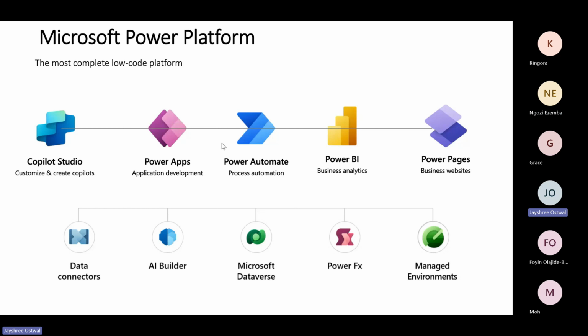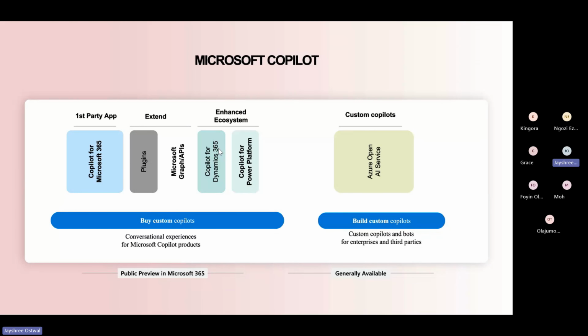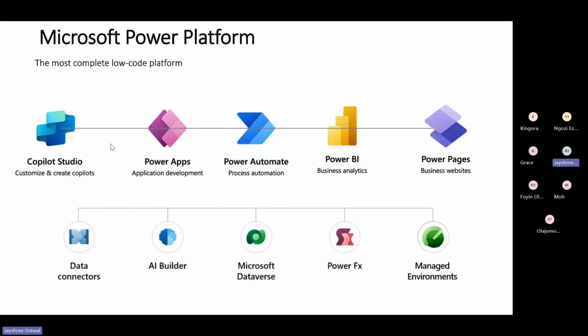So what was covered last week? I'll just go through it quickly. In Microsoft Power Platform, we saw the building blocks and components of the Power Platform: Copilot Studio, Power Apps, Power Automate, Power BI, Power Pages, data connectors, AI Builder, Microsoft Dataverse, Power FX, and Manage Environment.